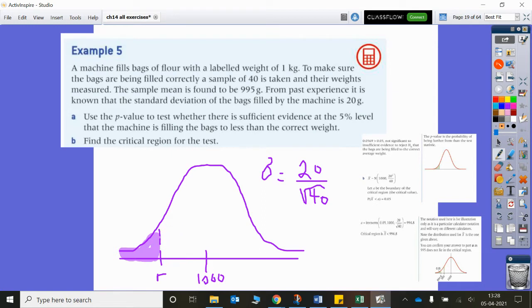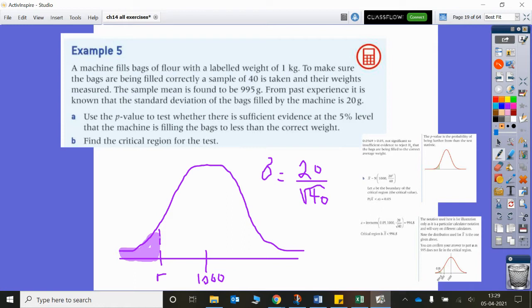Now, with a normal distribution, we don't have to worry about that, because we can actually find the continuous value, which gives us this decimal value, which will give us exactly 5% in this region. So in some respects, the normal distribution is easier to use.